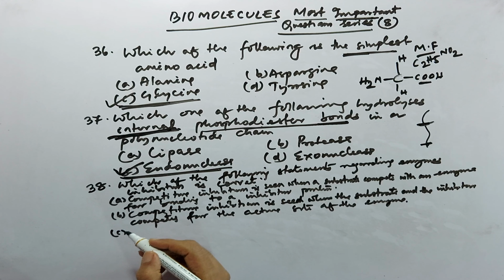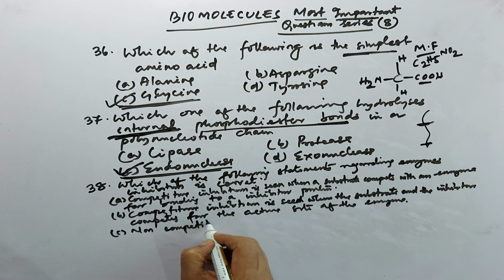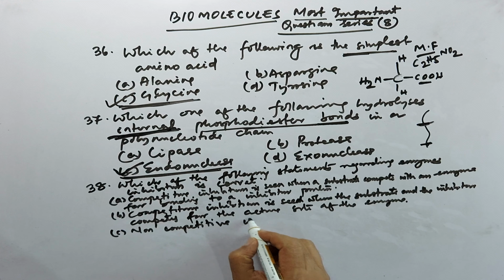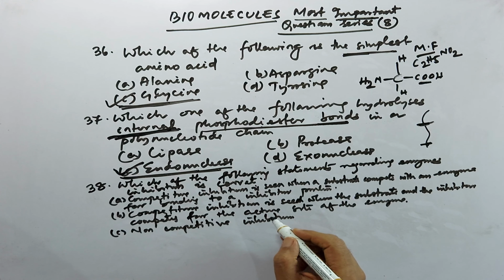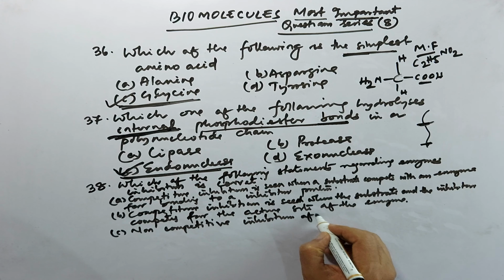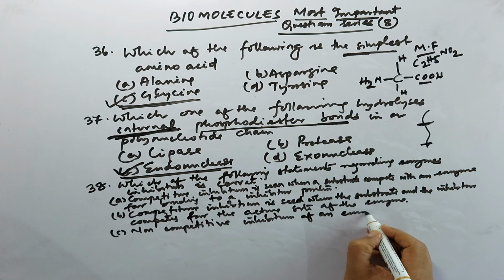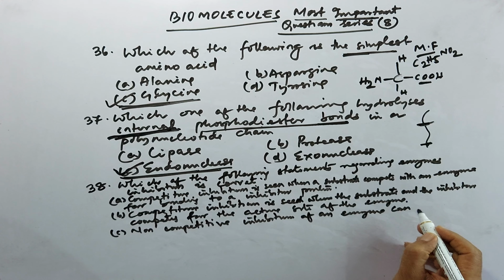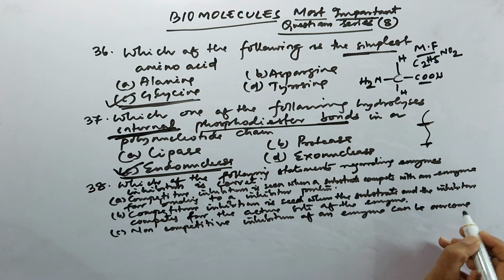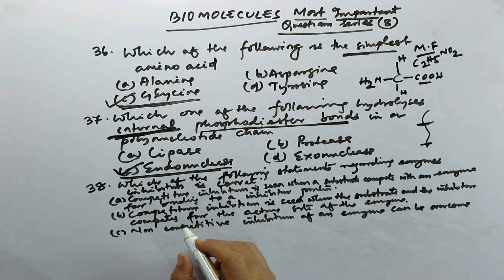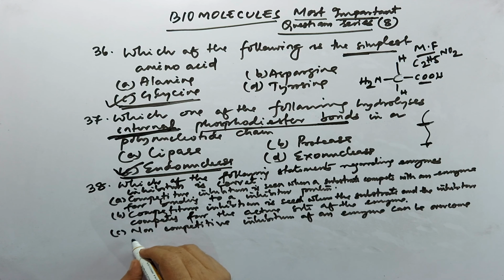Then C option is non-competitive inhibition of an enzyme can be overcome by adding a large amount of substrate.